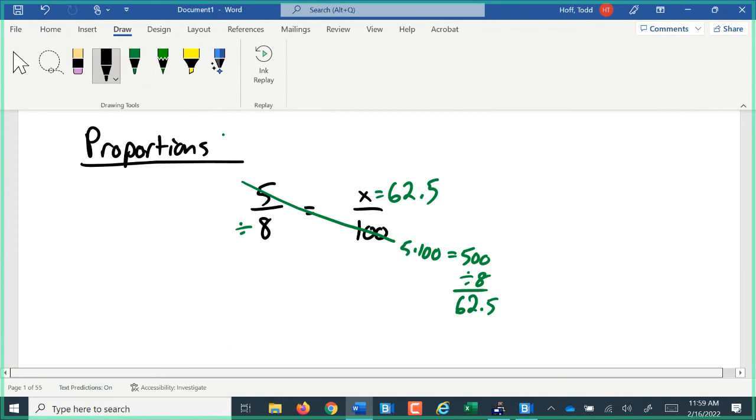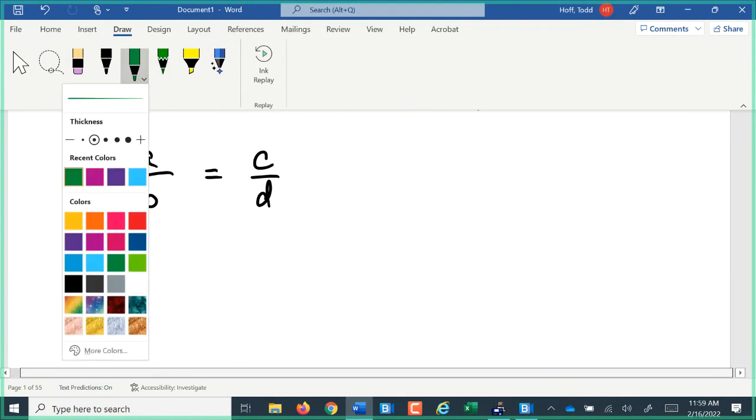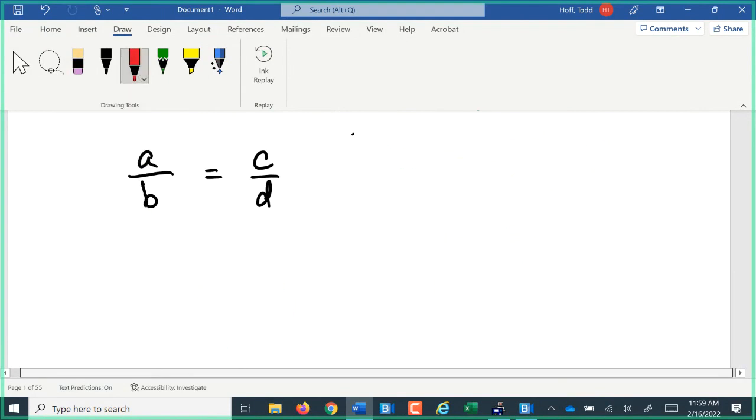However, this is actually part of a longer process. I'm going to write this as the ratio of a over b equals the ratio of c over d, and solve this equation. Now remember, when we solve equations, I can perform any operation I want to as long as I do the exact same operation.